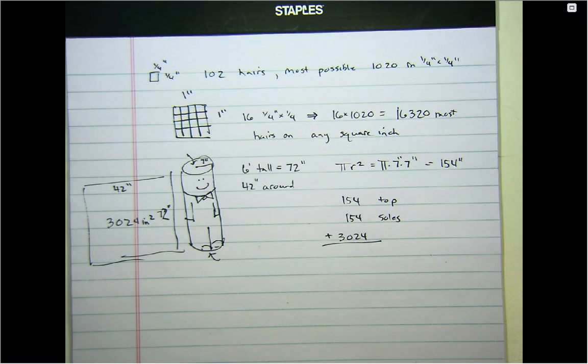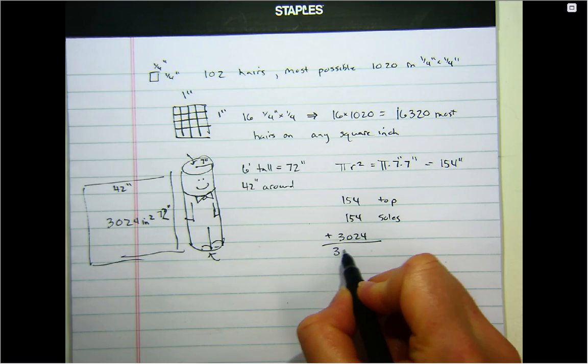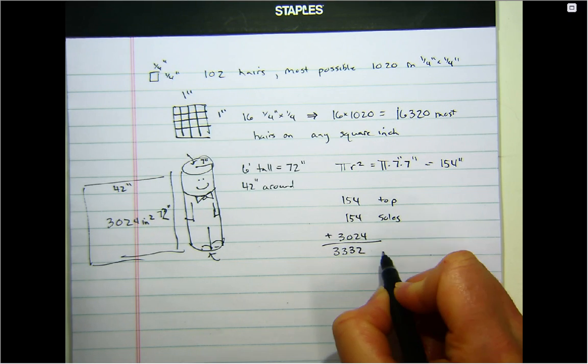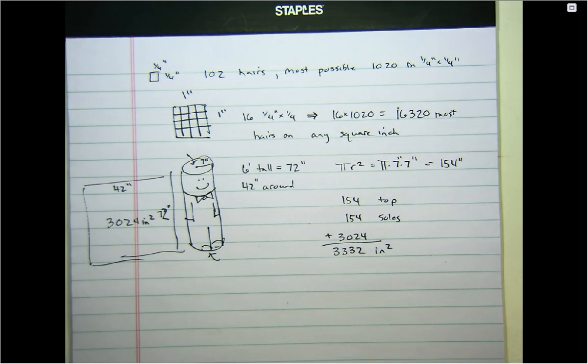So Bob the Cylinder's skin would be 3,024 plus 154 plus 154, or 3,332 square inches of skin. Now, Bob is a cylinder, and we're not cylinders. We have, for example, necks, right? So we have more skin than Bob, or less skin.